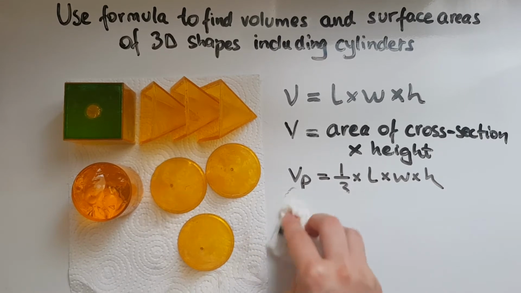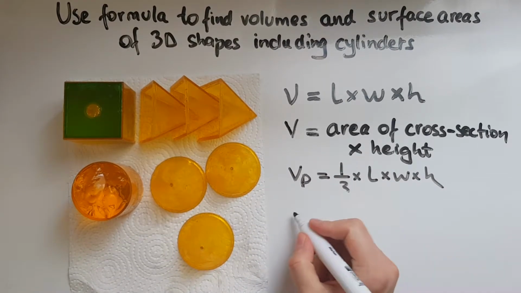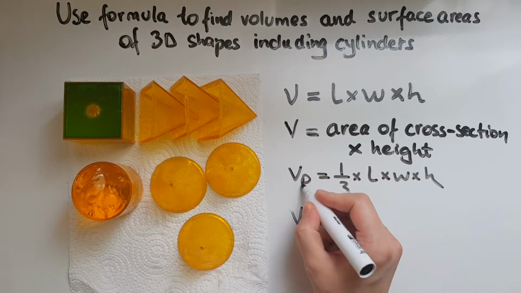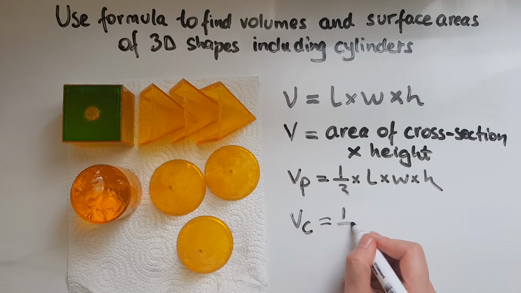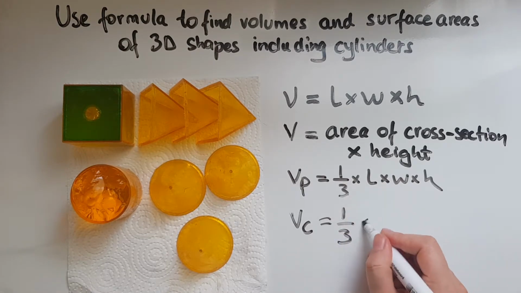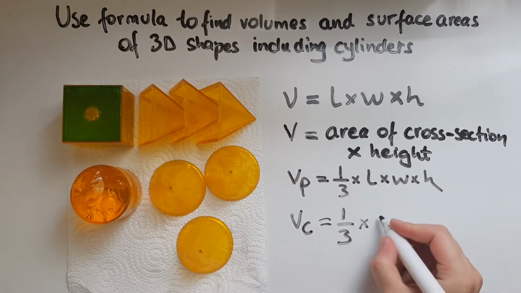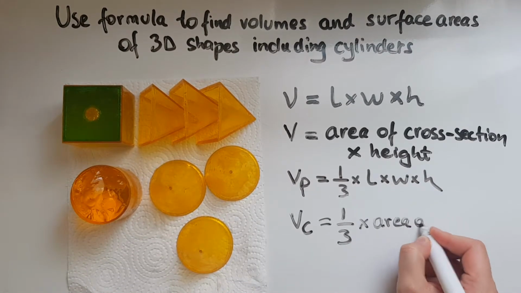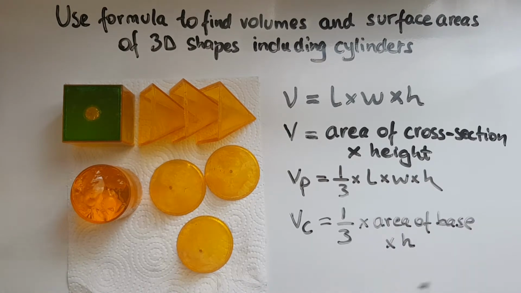So we can say the same thing for the volume of the cone. I'll put down volume of the cone is equal to 1/3 of area of base times height.